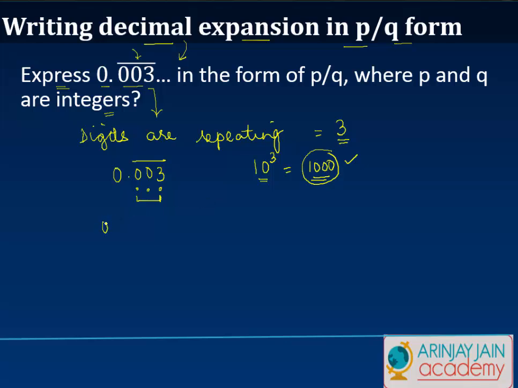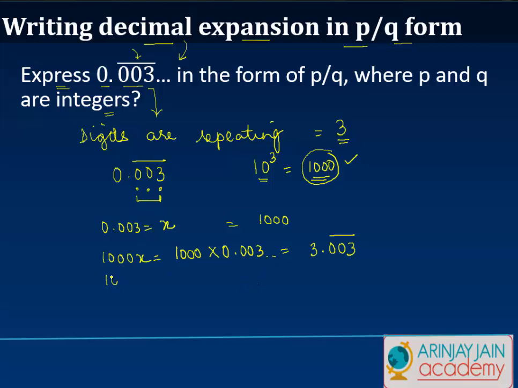So let's say for example we say that 0.003 is equal to x. When you multiply both the sides by 1000, what you get is 1000x is equal to 1000 into 0.003, which gives you 3.003, and in this case 003 will keep on repeating itself.